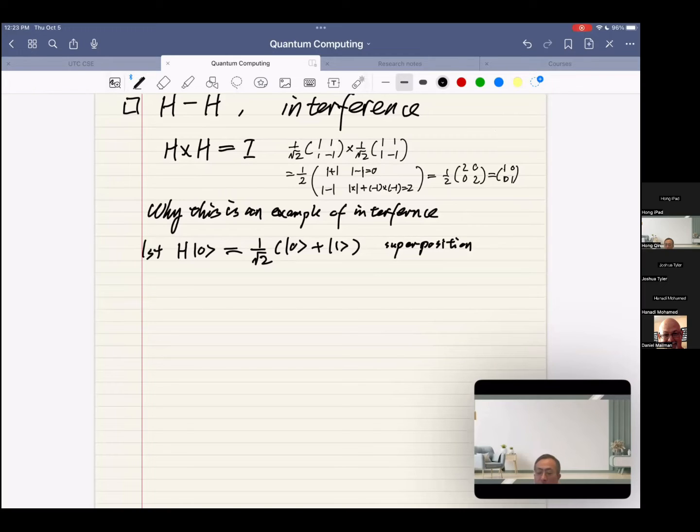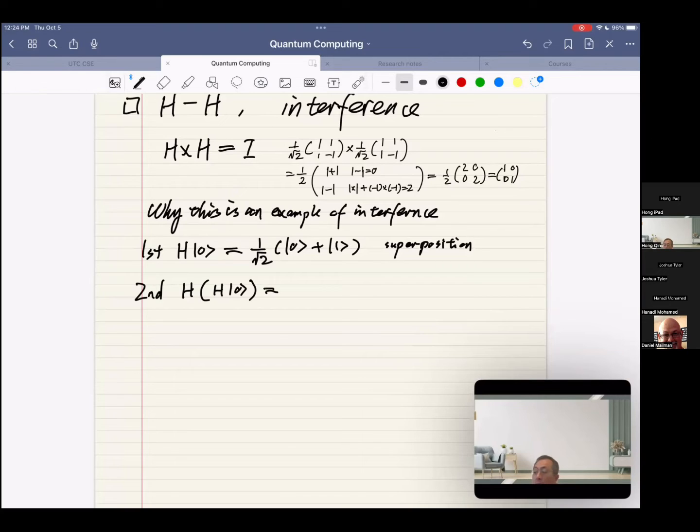The second time, if we do that, we're basically going to add the Hadamard gate on the superposition of the Hadamard gate of that. And we can basically expand this.